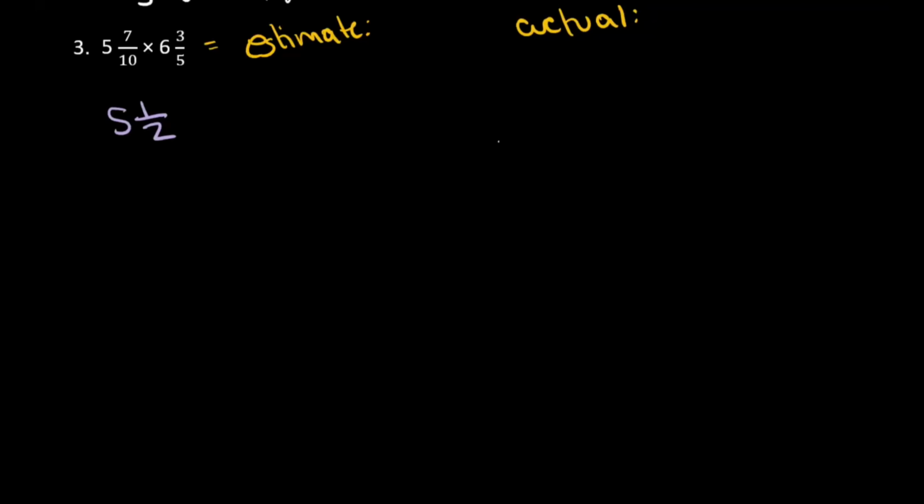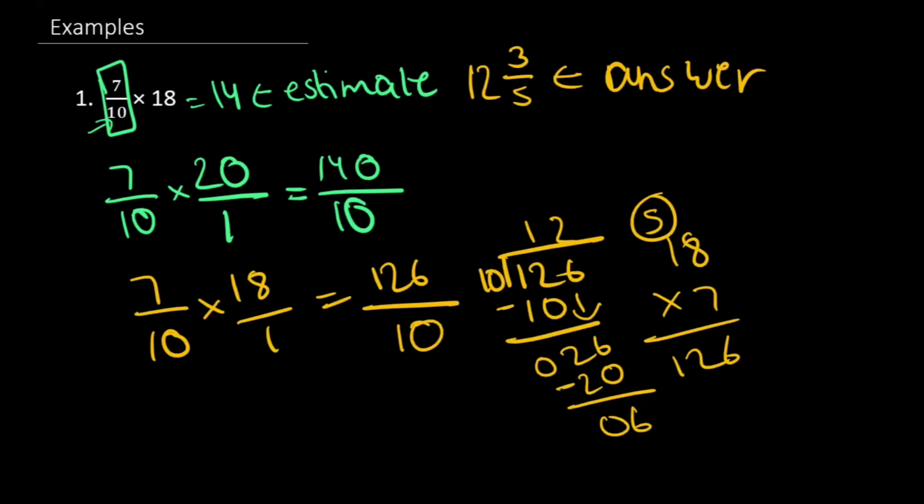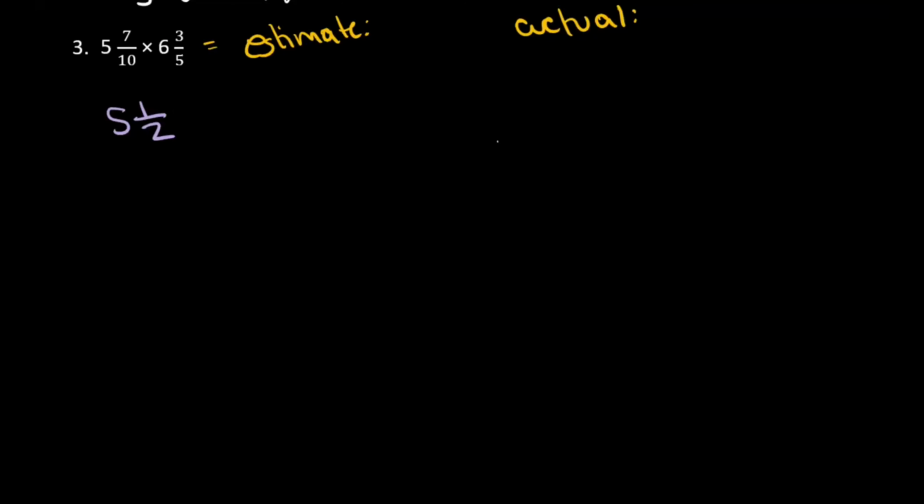Over here in the first problem, all we had to do is round 18, and then we could find the answer. But it is a different problem over here, so I'm just going to turn it into a benchmark fraction. So 5.5 times 6 3/5, which can also be turned into 6.5, because that's really close to 6.5. And now we just have to multiply.